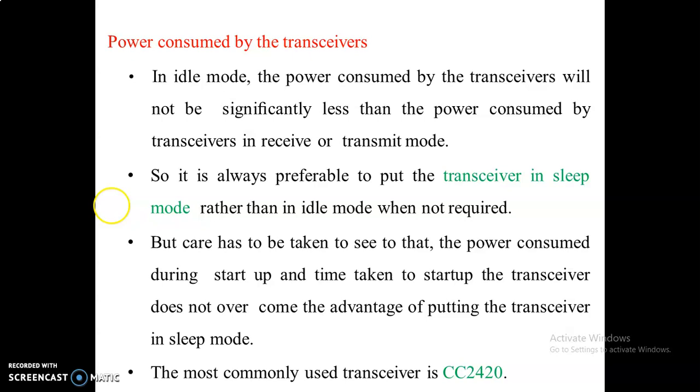But when it is put in sleep mode, some care must be taken: the power consumed during startup and the time taken to start up the transceiver should not overcome the advantage of putting the transceiver in sleeping mode. The commonly used transceiver is CC2420. That is the transceiver type they generally use.